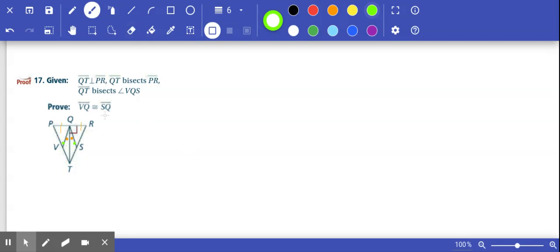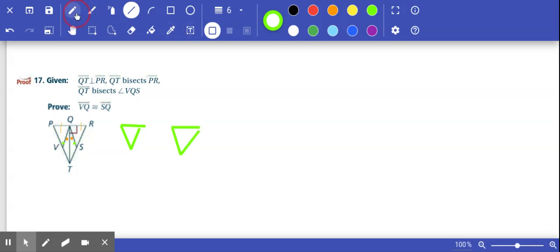So what I need to do is I need to find a triangle which contains that. So we see right here that this triangle, I can draw that triangle. So this little triangle right here and that little triangle right there, those both contain the VQ.